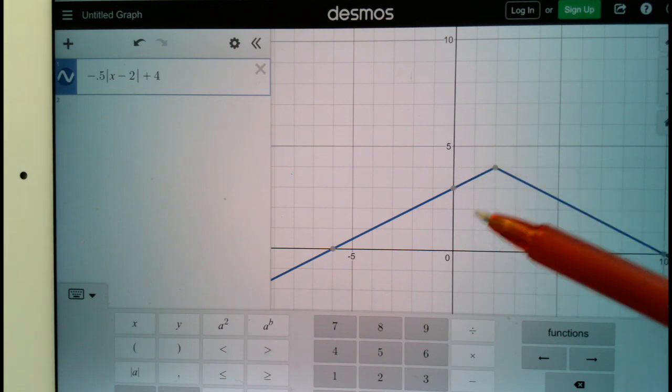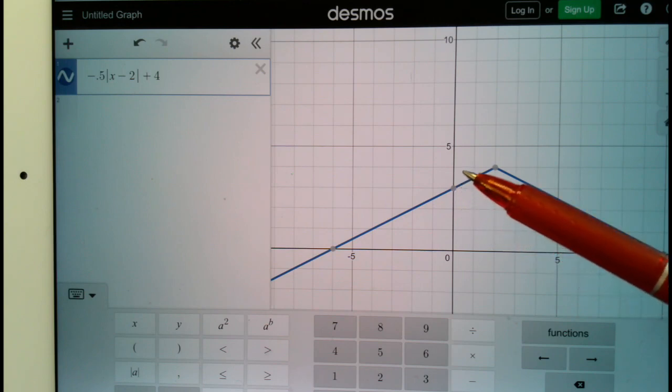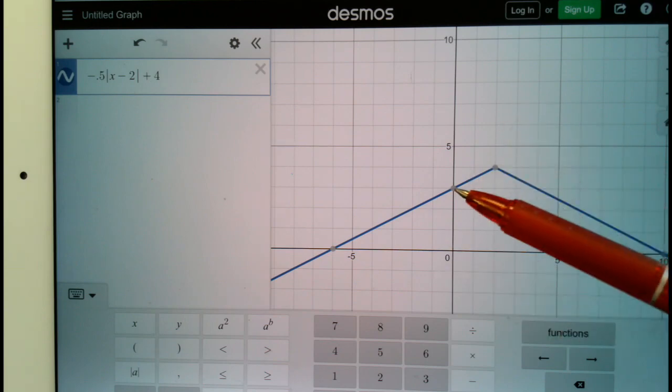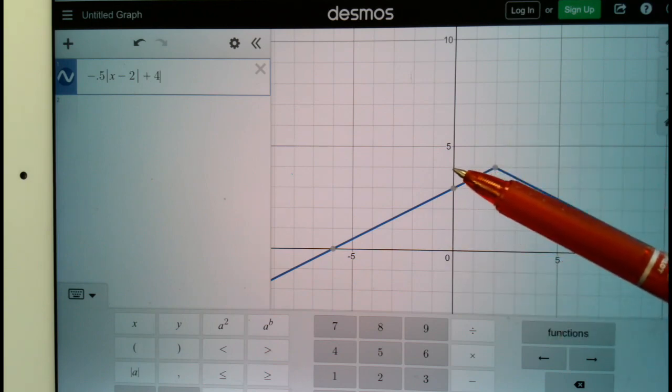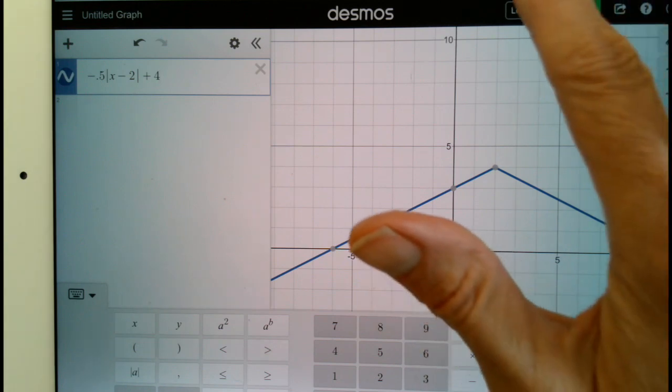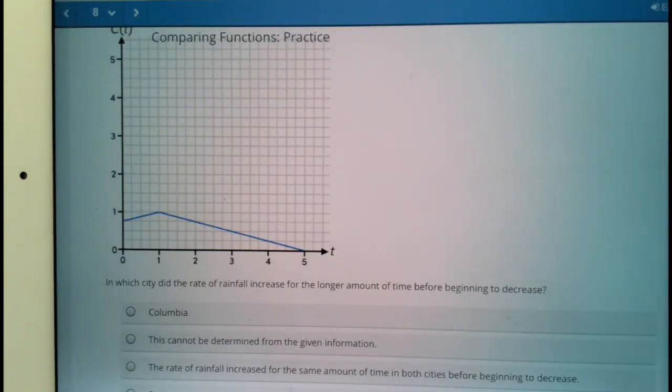Well, in this case, the increment is 1, 2, 3, 4, 5. It's an increment of 1 both ways, going up and down, going right and left. So this one we would go up 1 over 2, which is the same as 0.5. So our two slopes: for Columbia, it's 0.25. For Syracuse, it is 0.5.